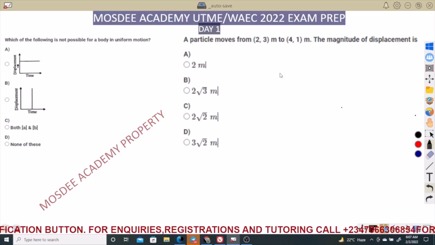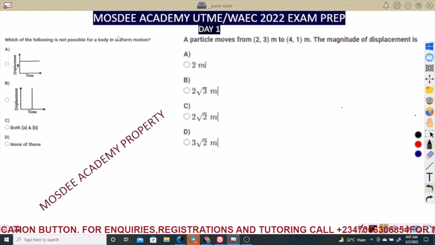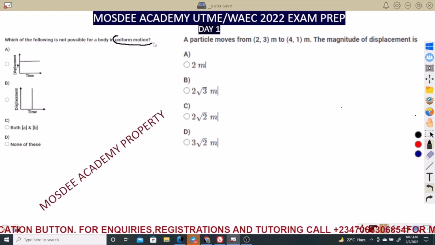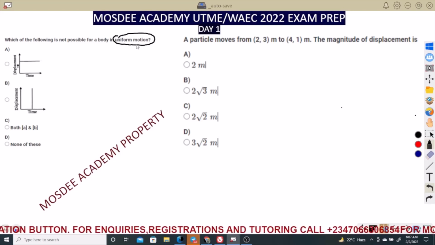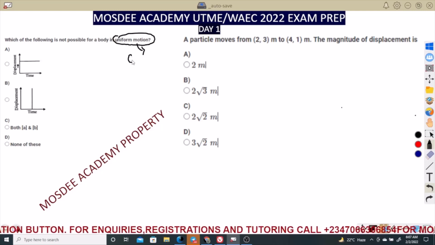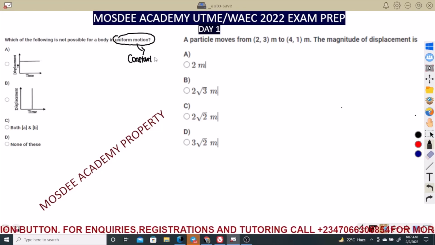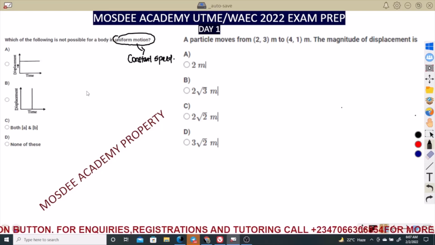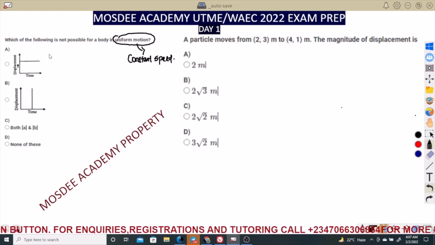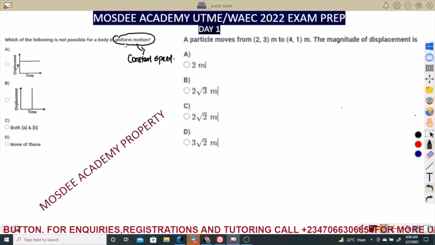Now, when we say uniform motion, which is a keyword here, we are talking about a body moving at constant speed or constant velocity, or if you like, you say constant acceleration. So you can keep that at the back of your mind. Which of the following is not possible for a body in uniform motion?